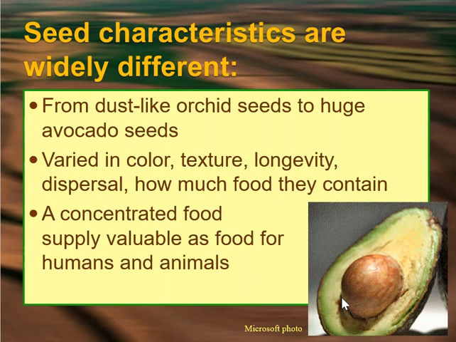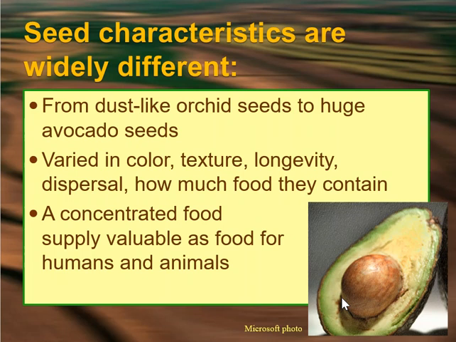So seed characteristics are widely different, right? From dust-like orchid seeds to huge avocado seeds. We can have seeds that are vastly different in their size. They can be varied in color, texture, longevity, and how they're dispersed, as well as how much food they contain. So a concentrated food supply is valuable for food as humans and as animals, okay?